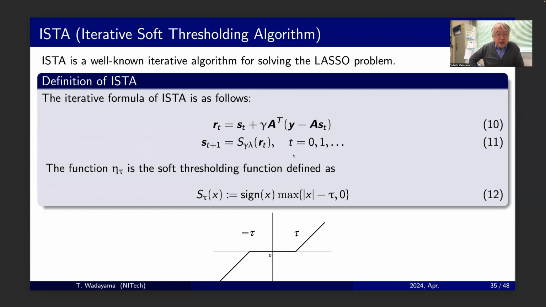Equation 10 is called the gradient descent step, and equation 11 is called the shrinkage step. The shrinkage step involves the soft thresholding function defined in equation 12. The shape of the soft thresholding function is illustrated in the figure like this.